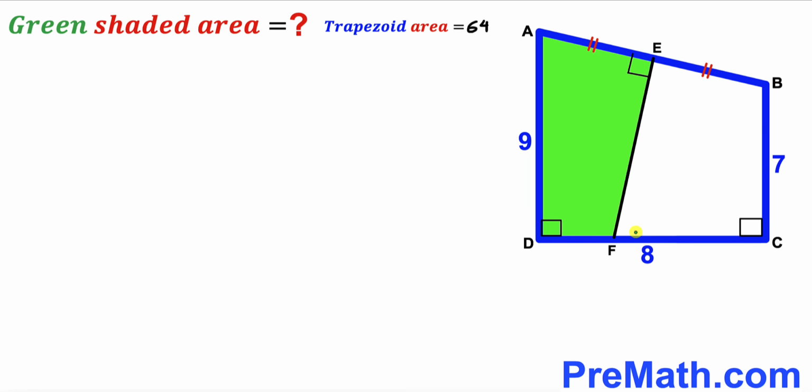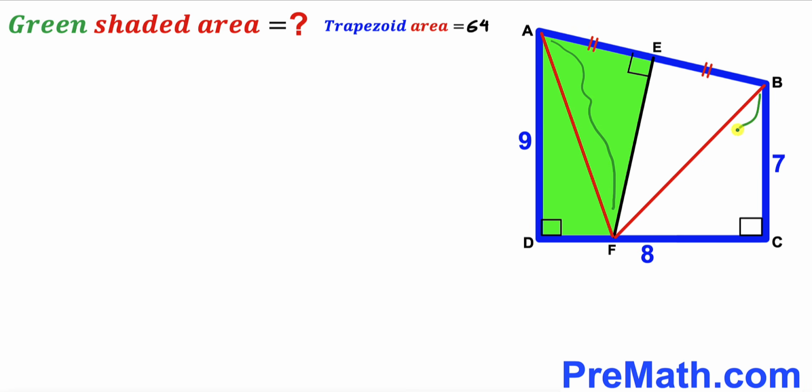Now in this next step, I'm going to connect this point F with these points A and B. As you can see, we got this line and this line as well. Since these two segments are equal in length, and this is our 90 degrees angle, this side is going to be equal to this side.